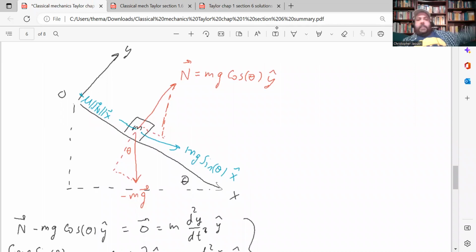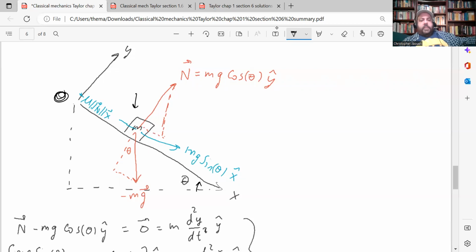So we have the mass sitting on the inclined plane. It has mass m. The angle here is theta. Then we define our coordinate system. The positive y-axis is normal to the plane, and the positive x-axis lies along the plane with the origin over here.